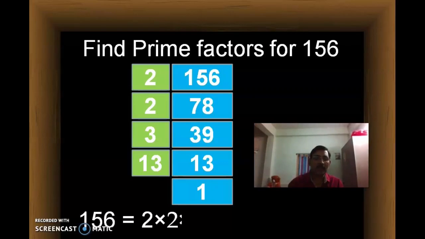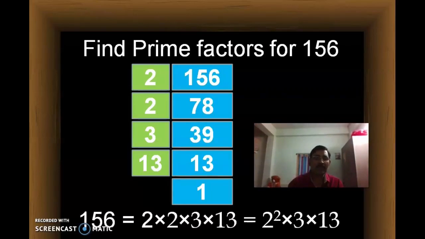So we can observe that 156 is equal to 2 into 2 into 3 into 13. The same we write as 2 square into 3 into 13.